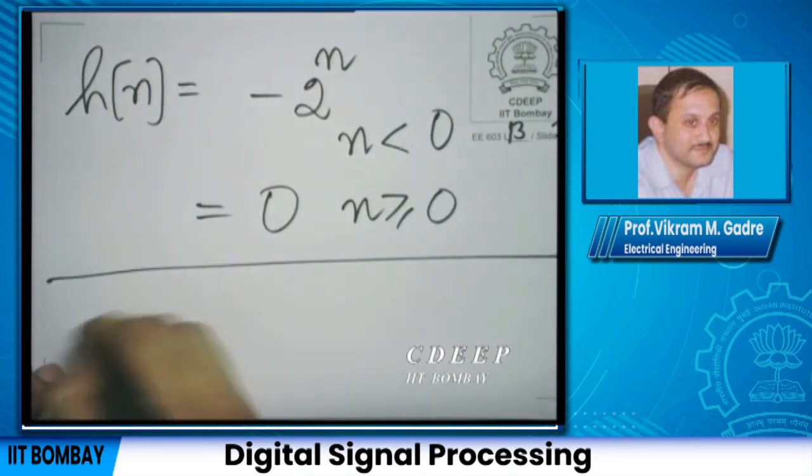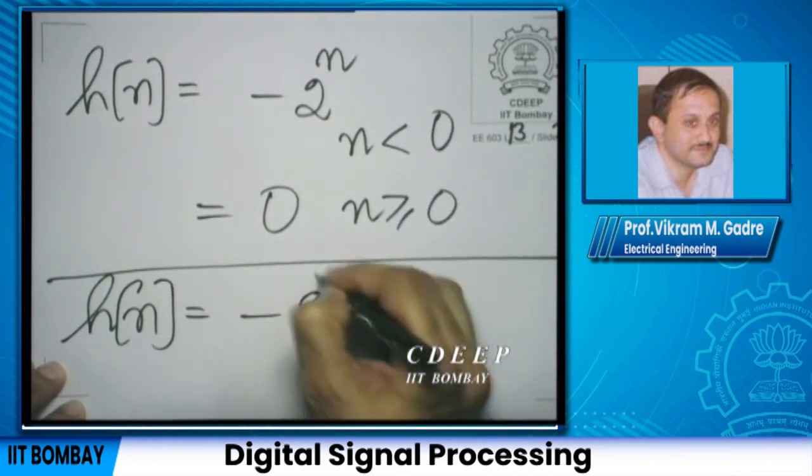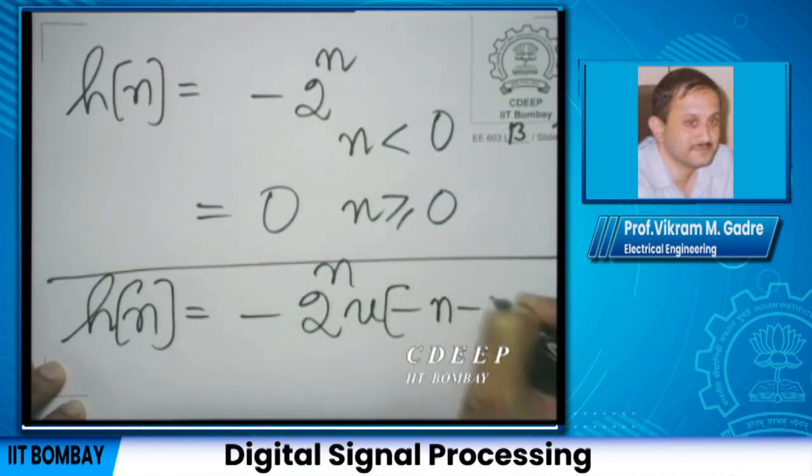In fact, I leave it to you to verify that this can be written as h[n] is minus 2 raised to the power of n u[minus n minus 1].